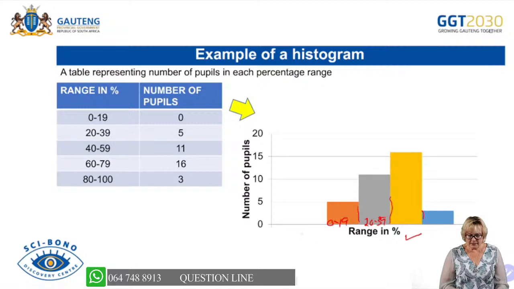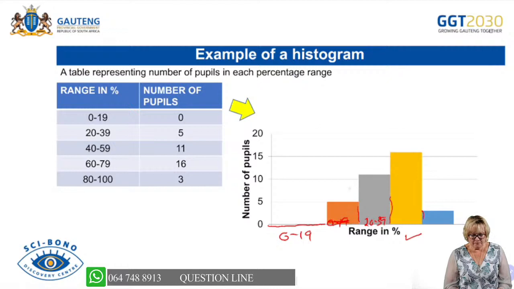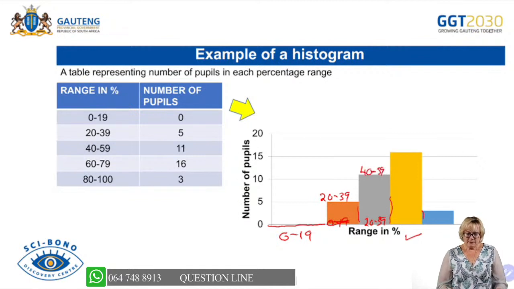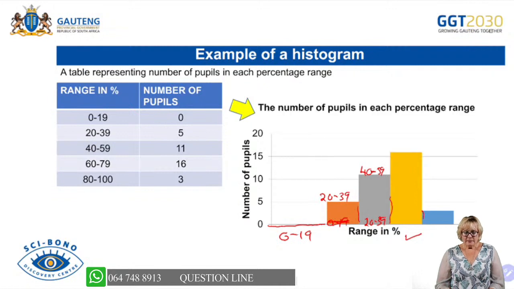From 0 to 19, there was actually nobody here. So we can draw a line there to say this is 0 to 19. Then this would be 20 to 39, and then 40 to 59. Right. So that is how we draw a histogram. Nothing different from a bar graph, except that now the bars are touching one another. There's the heading, number of pupils in each percentage range.